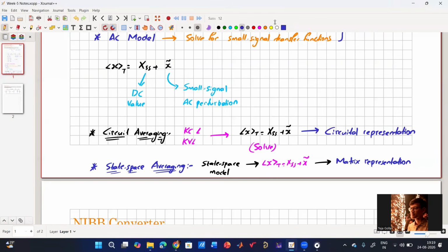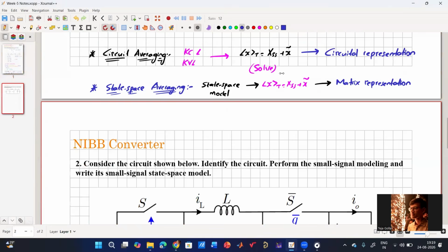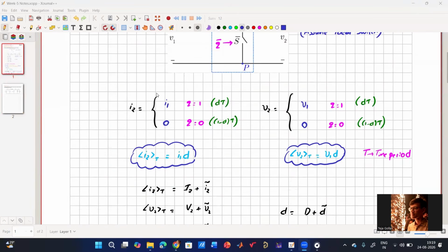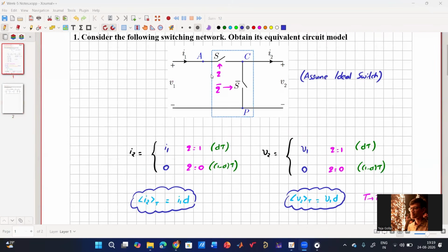Why? Because in the case of the large signal model, for example, let us consider a buck converter itself. In a buck converter, we have this switching configuration, and you know that any switching is non-linear behavior because there is a discontinuity. Q is changing between 1 and 0, so it is not a linear system.